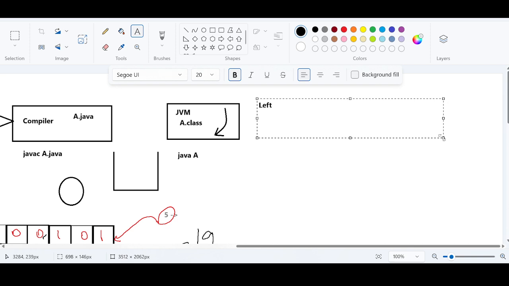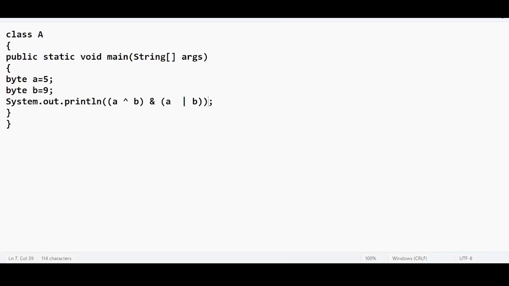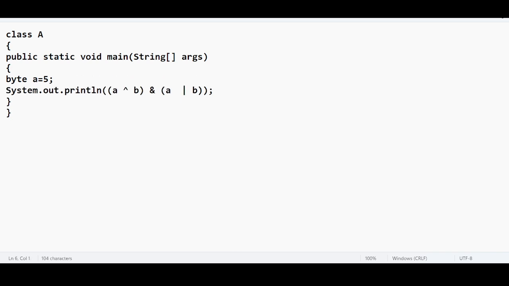So the left shift operator is two angular brackets pointing towards the left. I want to calculate something by using the left shift operator. In my example, I want to keep a as 5 only, and I want to do a left shift 1.